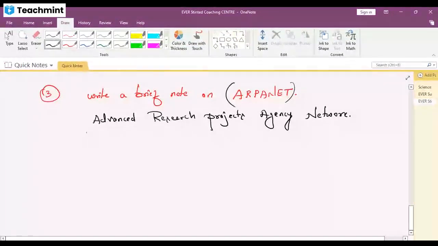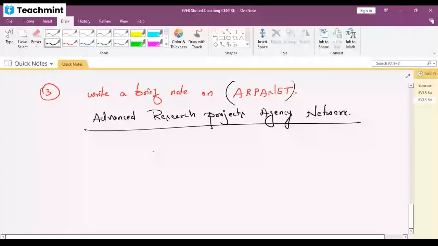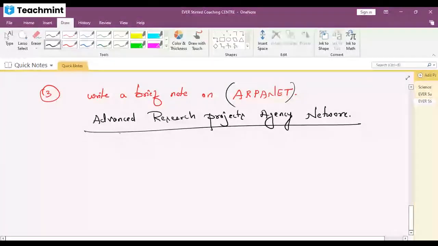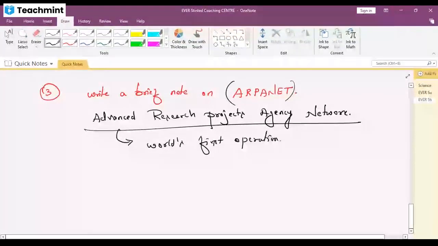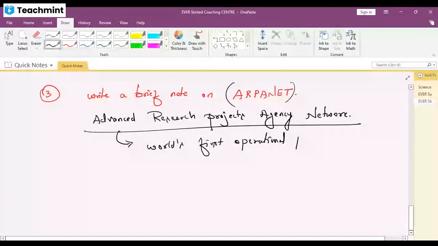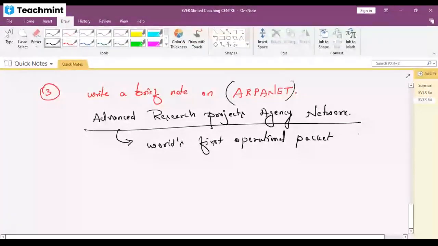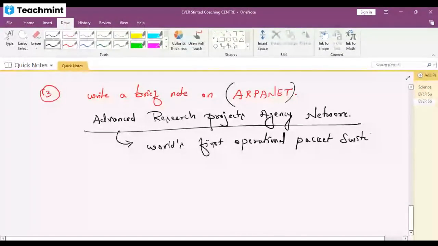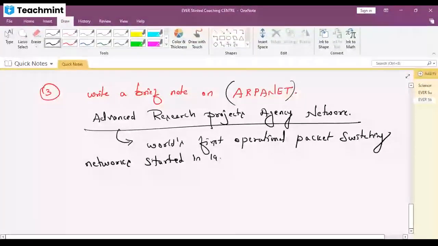Okay, this is one of the world's first operational packet switching networks, started in the year 1969.